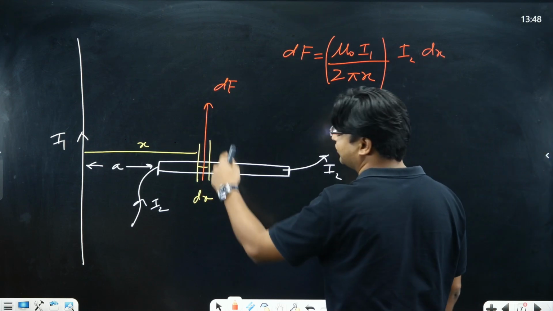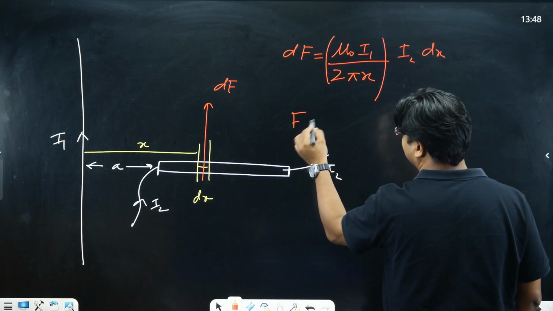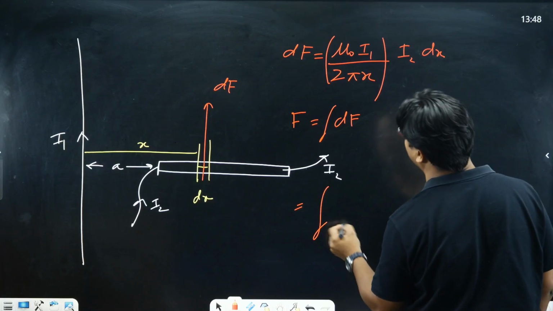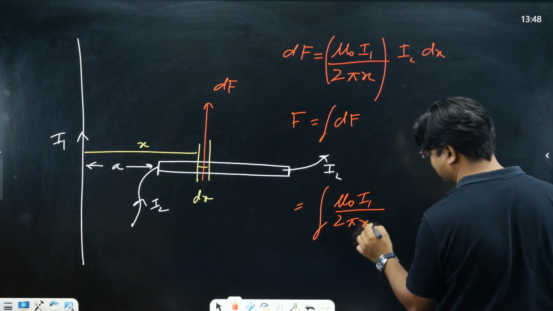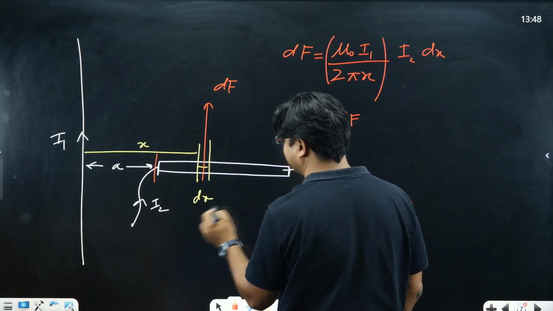Because all the forces are in the same direction, we can directly integrate this to get the net force. So the net force will be the integration of dF, which is the integration of mu naught I1 by 2 pi x into I2 into dx. x will change from this position to this position.